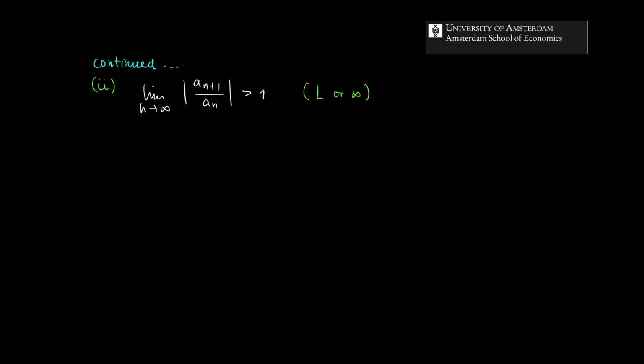For the second part, we may assume that the limit for n to infinity of the absolute value of the fraction an plus 1 divided by an is larger than 1. So either the limit was equal to L or infinity. This in particular implies that for n large enough, we would have the absolute value of an plus 1 divided by an larger than 1.